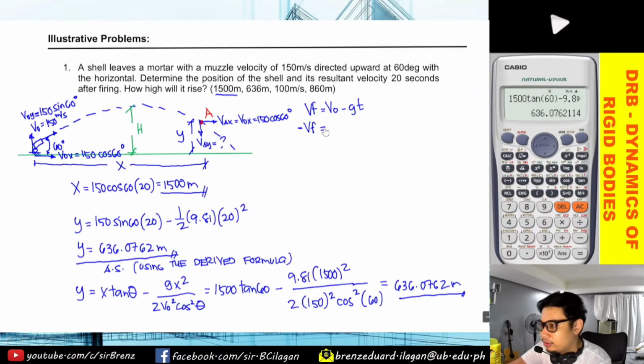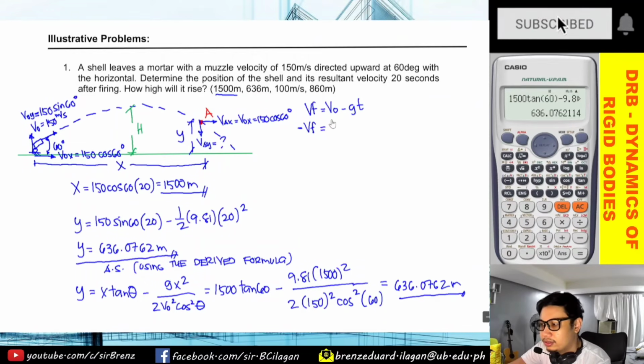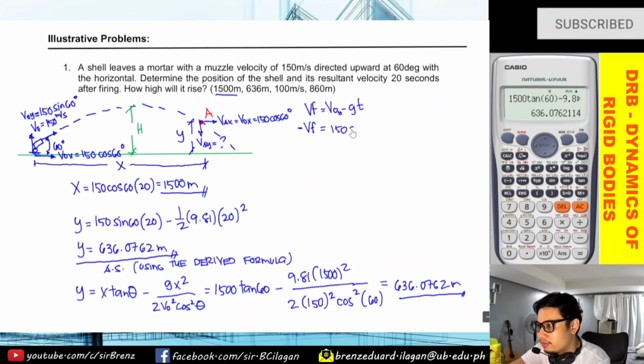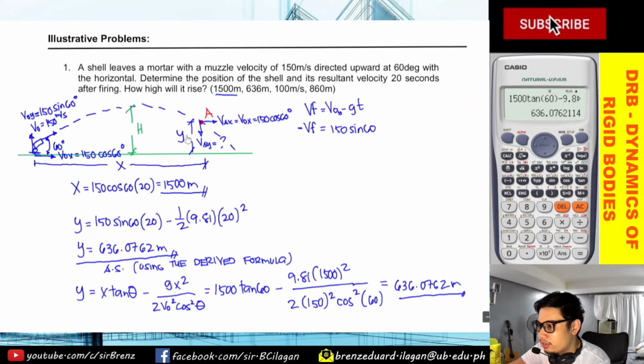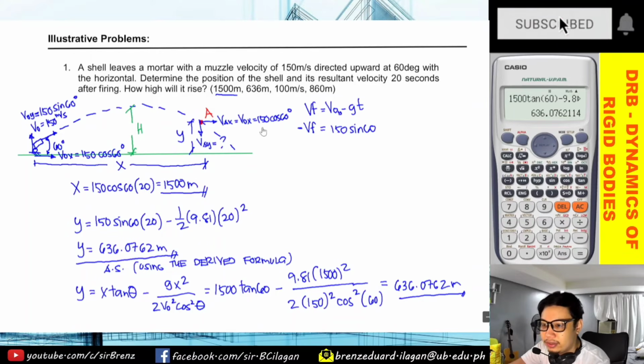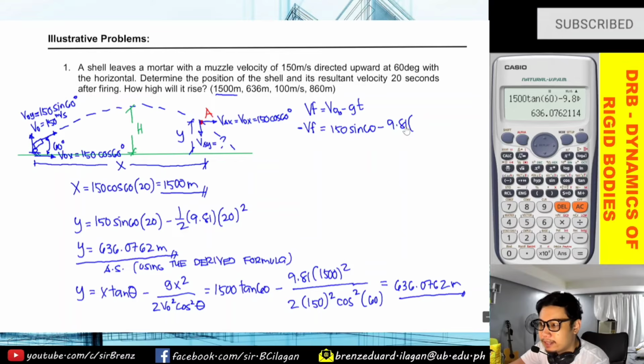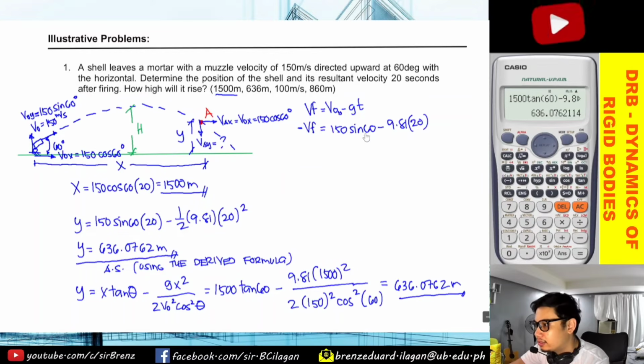So, ano ba yung VO natin? So, initial velocity, 150. Kaso ito nga, dapat ito yung VOY. So, that is 150 sine 60, kasi puro y component yung pinag-uusapan natin. Kaya, ang VO natin dito is yung VOY. So, minus 9.81 times, ano na seconds to? 20 seconds.